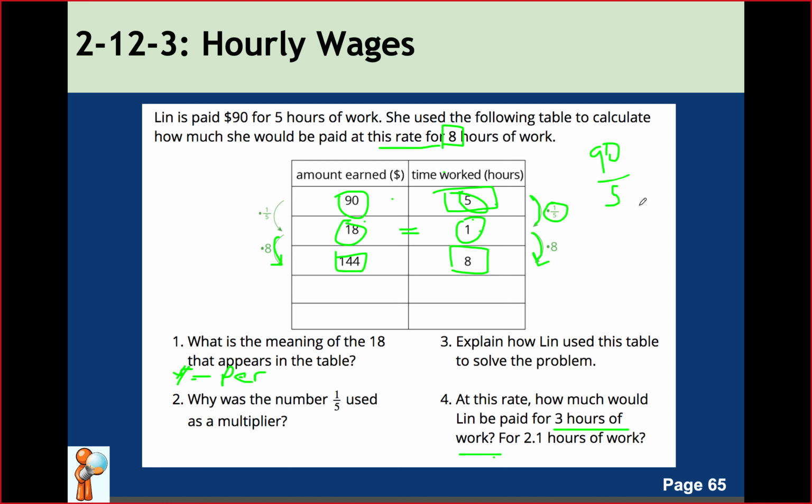So Zamir, if you were working at the ice cream shop and you got paid $18 per hour, how much would you get paid in 3 hours of work? So you're going to multiply that 18 times 3. It's $18 an hour and you work for 3 hours. How much would that be?